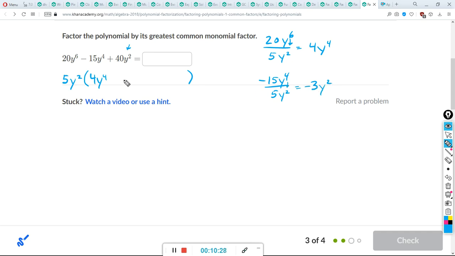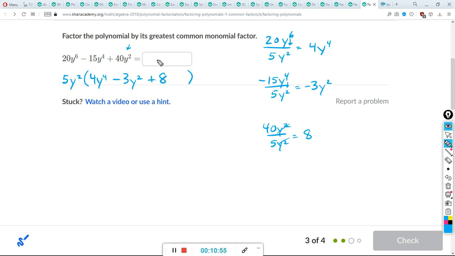So negative 3y squared is the second term. And finally 40y squared divided by 5y squared. 40 divided by 5 is just 8. Y squared divided by y squared just cancels. So the last term is 8.